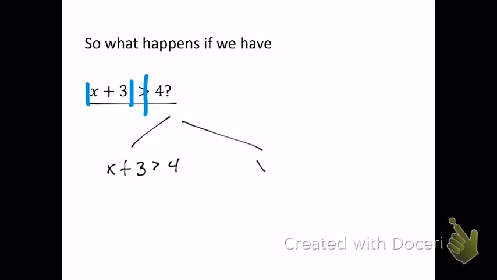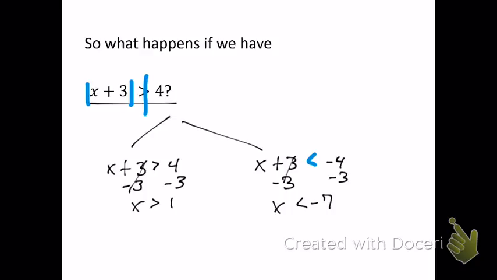And when we split it, we've got x plus 3, and we need to change the 4 to negative 4, but the inequality sign is going to change. Then we solve just like we've been doing. We subtract 3 and we get x is greater than 1. We subtract 3 on each side and we get x is less than negative 7.